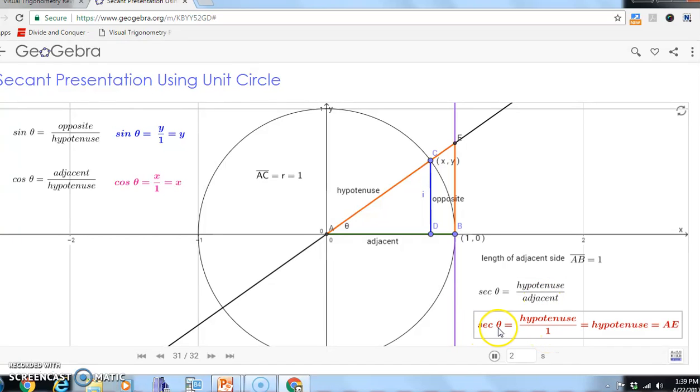Or basically I can say that the secant of angle theta is the length of the hypotenuse, which is segment AE, which I'll make a little bit darker red here. Notice that segment AE, which now represents the secant of angle theta, lies on my secant line. So in doing this, we were able to establish some type of relationship between the secant line and the secant in trigonometry.